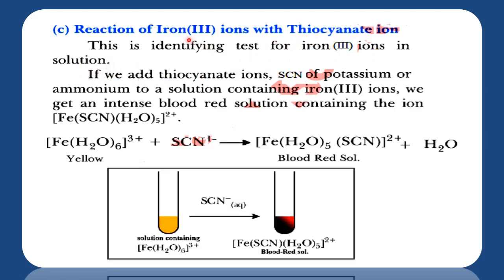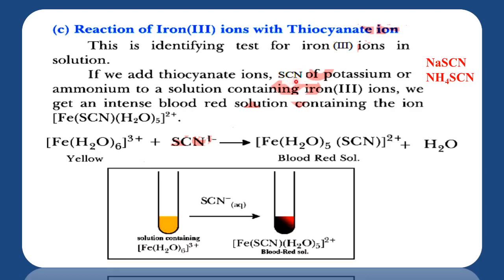If we add thiocyanate ions, SCN, of potassium or ammonium. Now students, by this we mean that the solution can be comprised of either sodium thiocyanate, potassium thiocyanate or ammonium thiocyanate. We are taking a salt of it, and as a solution it is going to split up into the respective ions like SCN negative.